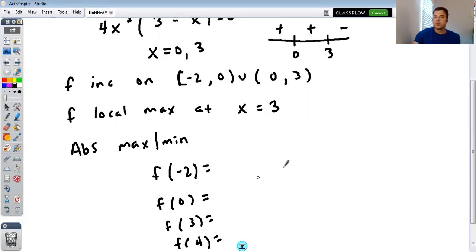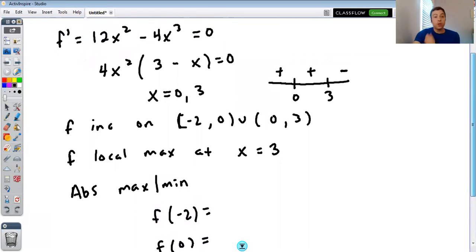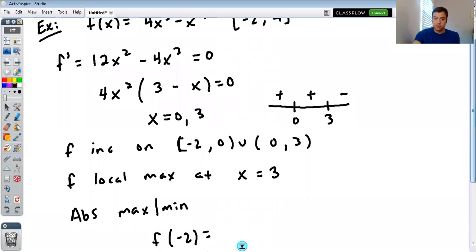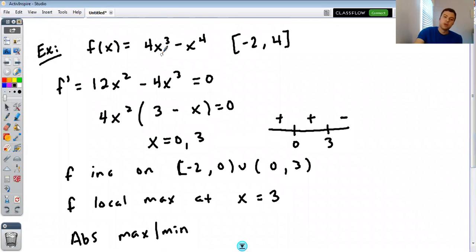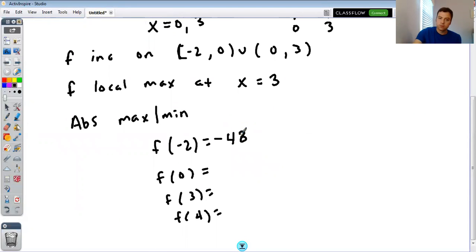to test. So if we plug into the original equation, starting with f of -2, so we have to go all the way back up here. Let's see what we'll get. That's going to be -32 minus 16, which is -48. F of 0 is 0.